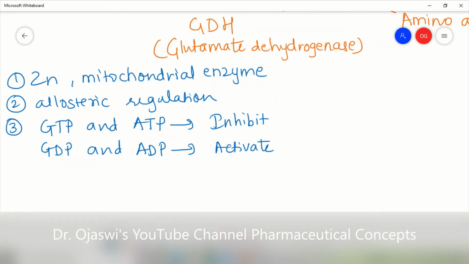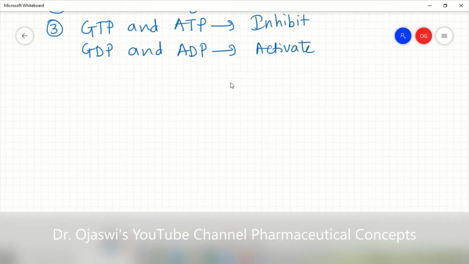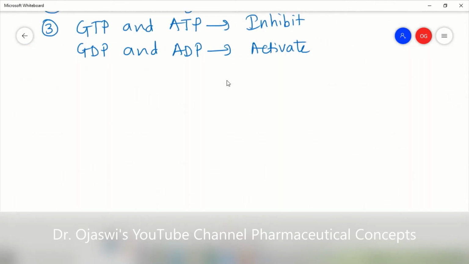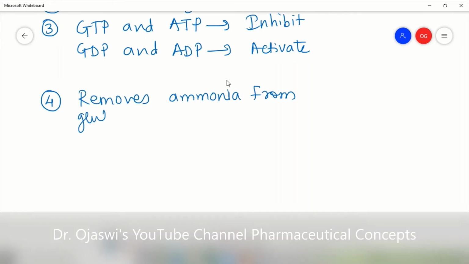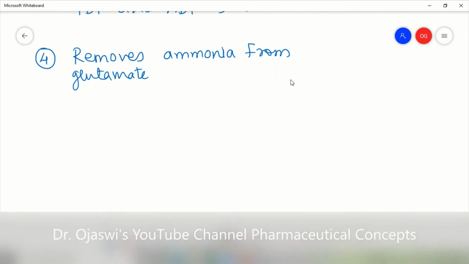Now the next important point is that glutamate dehydrogenase removes ammonia from glutamate by oxidative deamination.